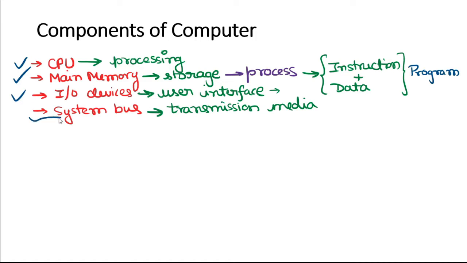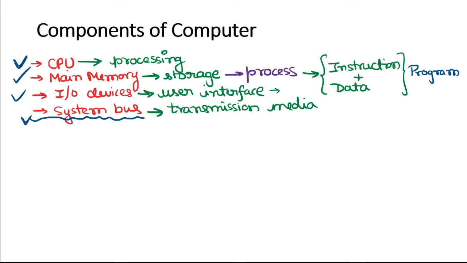This system bus is the one that is used to communicate between different components. So if CPU wants to communicate with main memory, it uses system bus. So system bus is a transmission media. If CPU wants to communicate with IO device, then system bus is used. So these are the four components of a computer.